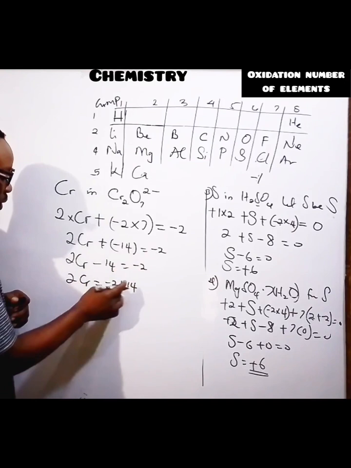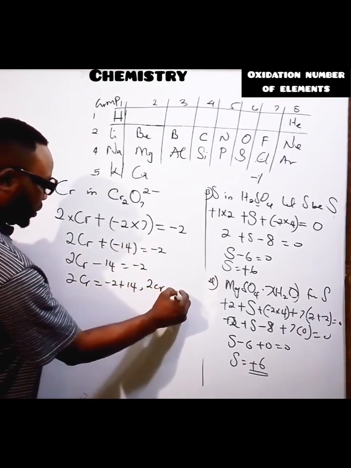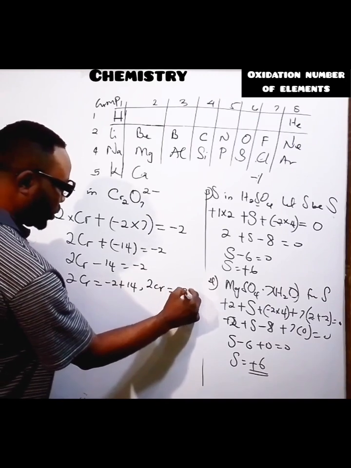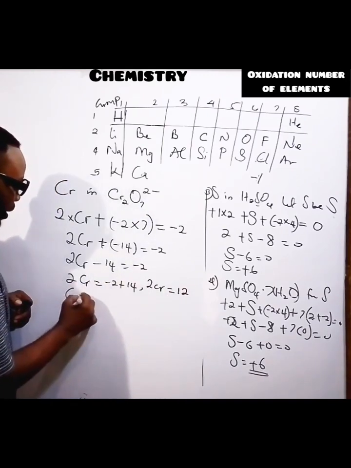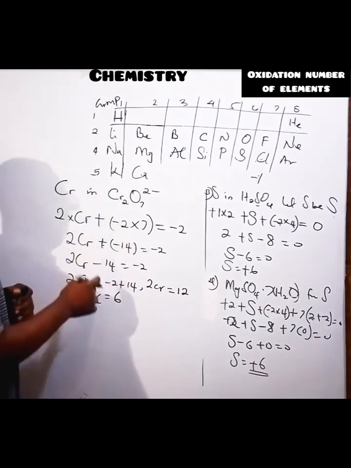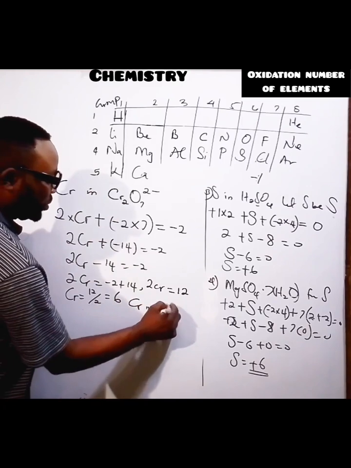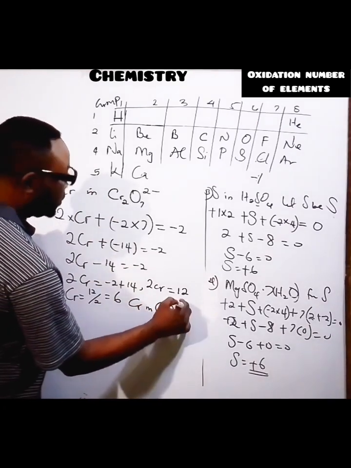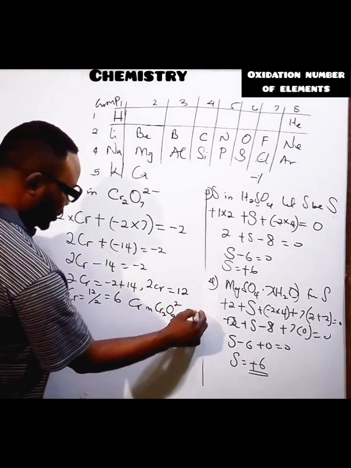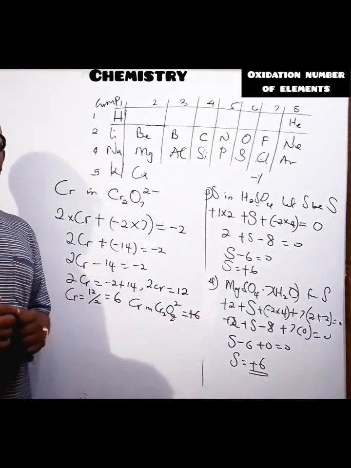So therefore, you now do what? 2Cr is equal to 12. So Cr will be equal to 12 over 2, which is equal to 6. So the oxidation number of chromium in Cr2O7 2- is equal to +6.